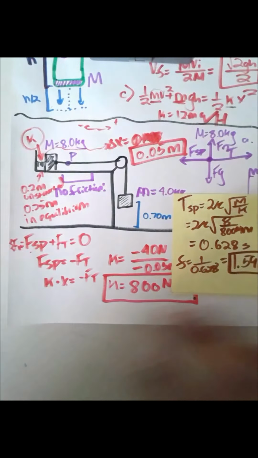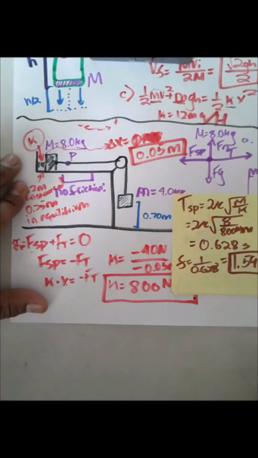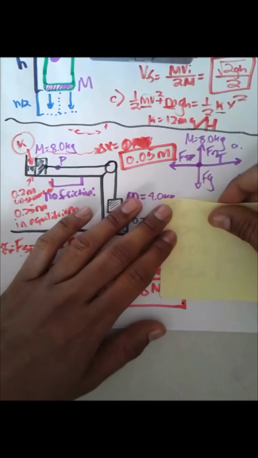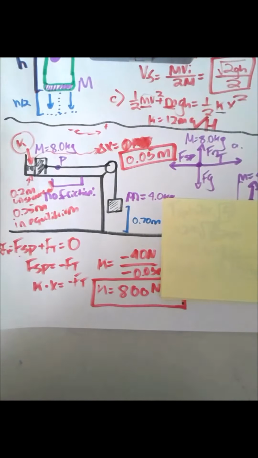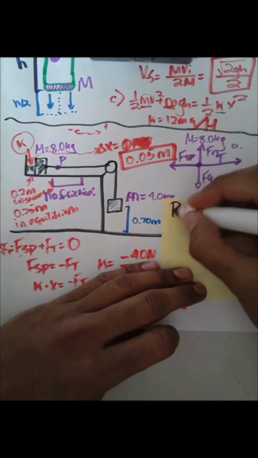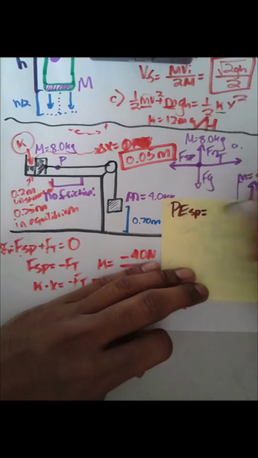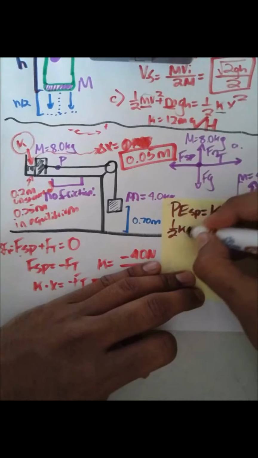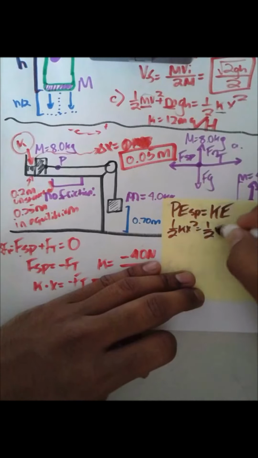Now, the final question that we're asked to solve is part F. Calculate the maximum speed attained by the 8 kilogram block. We know what the max spring potential energy is. We know that that is going to be equal to the max kinetic energy: 1/2 k x squared is equal to 1/2 m v squared.